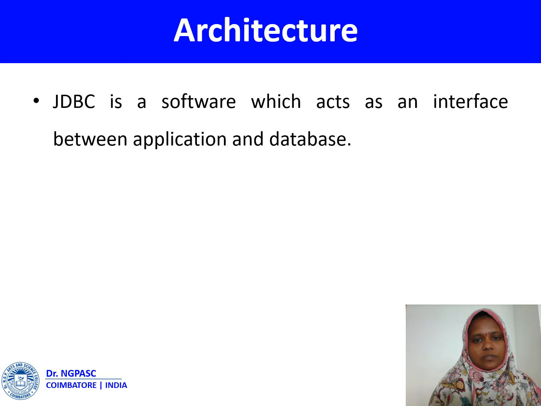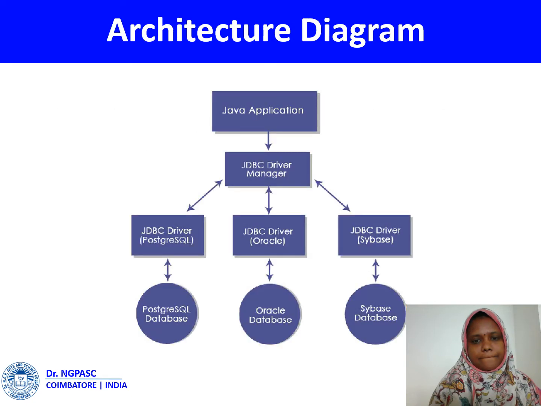The next one is the architecture. JDBC is a software which acts as an interface between the application and the database. Depending on the application, we choose any type of database, and that application and database will be connected using JDBC. So this is the architecture diagram for JDBC. The first level is the Java application, then finally the databases.